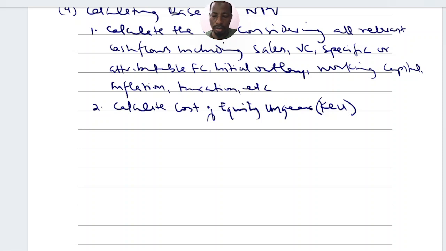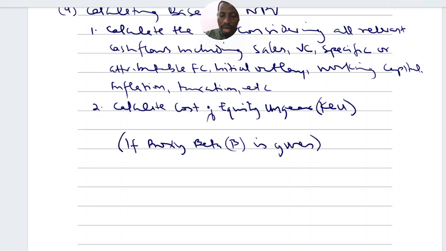For example, if the proxy beta is given, how do you calculate cost of equity on gear?